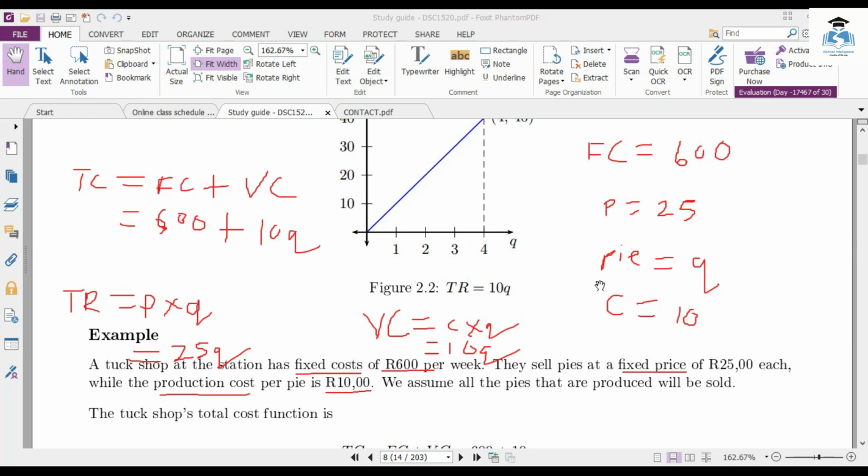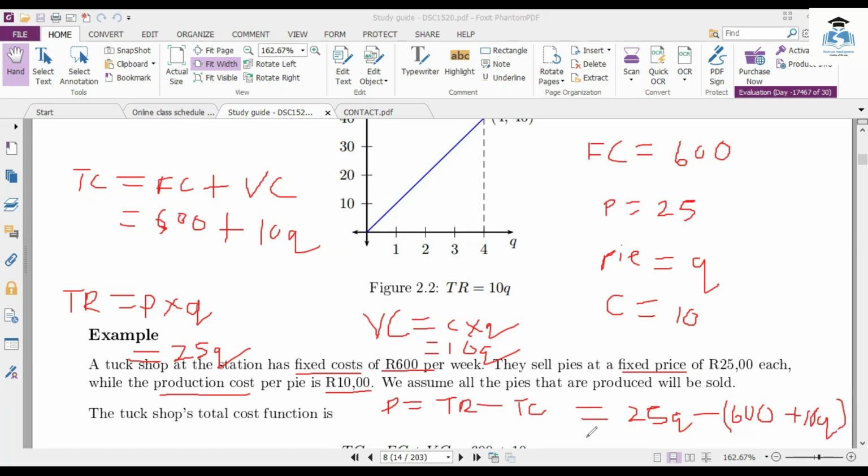Then if we now want to calculate the profit, we say the profit is equal to TR minus TC. In other words, 25Q minus (600 plus 10Q).